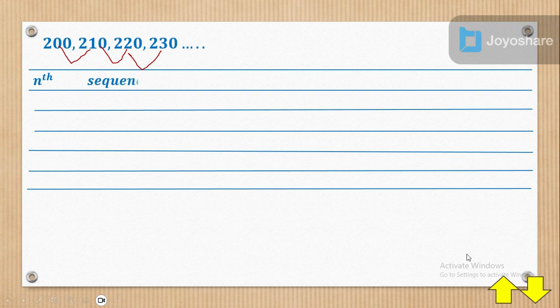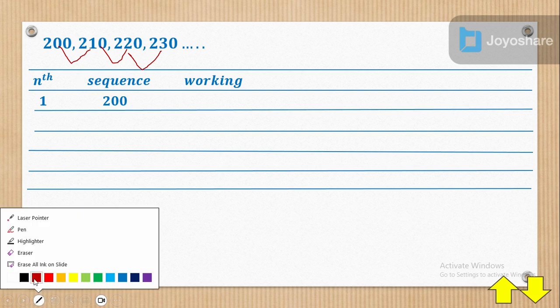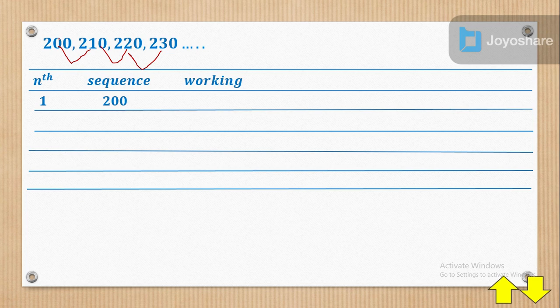So in the formula, we shall have the nth value, the sequence, and the working, which we shall need. Let's see the way forward. Now, in the working, remember, I want to put this clear. These ones, 200, 210, we call them terms.